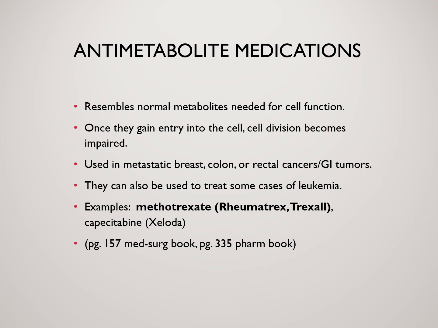One that you see most often is called methotrexate, and it actually wasn't in your Med Surg book. I found it in your pharmacology book on page 335. That's one you see more often, so I wrote that in my book under the anti-metabolite section. I just wrote in methotrexate. It's also known as Trexall.